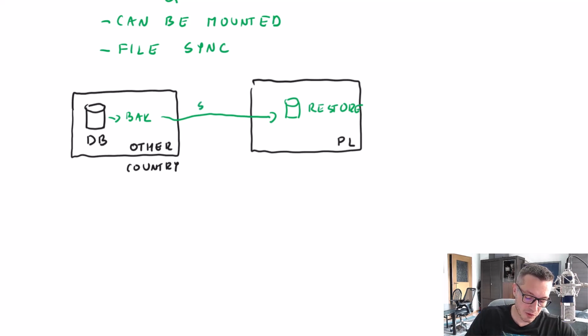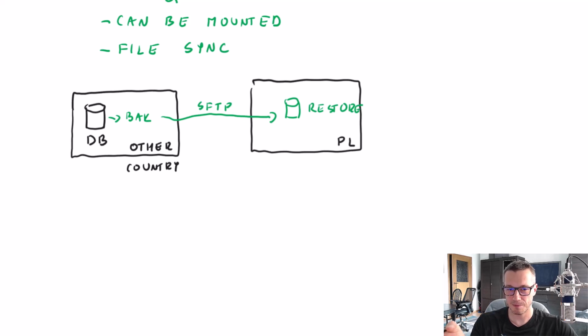And to be able to copy this data over the network, we used SFTP approach. That should work just fine, right? But the problem was that, first of all, this database backup was quite big. And secondly, the internet connection wasn't that reliable. So it was often the case that the connection was lost, was dropped.